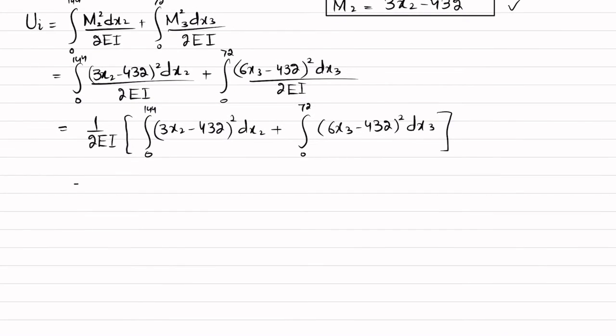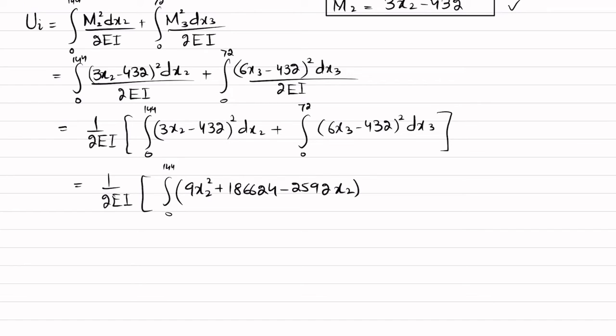Now we will apply the square formula, so you will get the integral from 0 to 144. So (3x2) squared will be equal to 9x2 squared, plus 432 squared, which gives you 186624, minus 2 times 3x2 into 432, which gives you minus 2592x2, and that will be dx2 here.